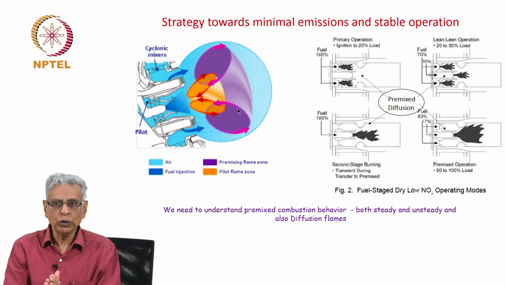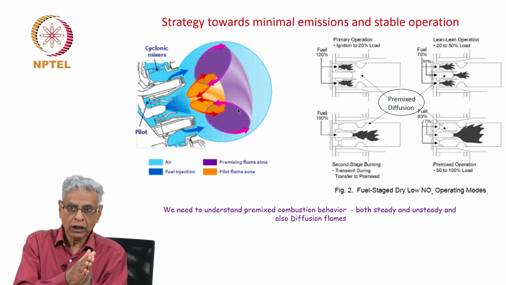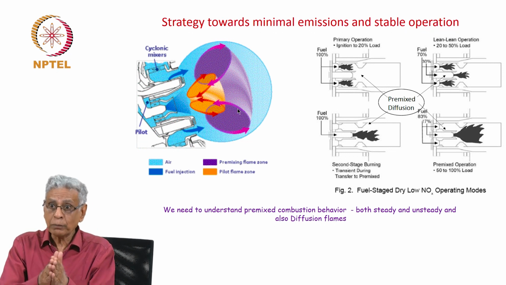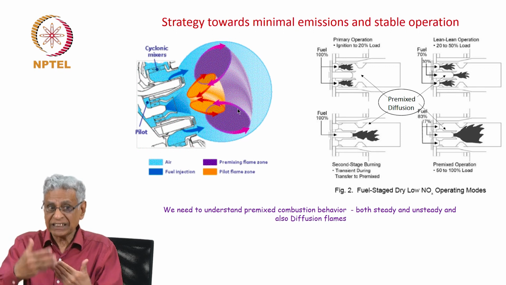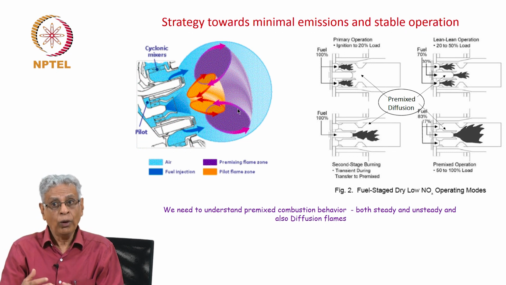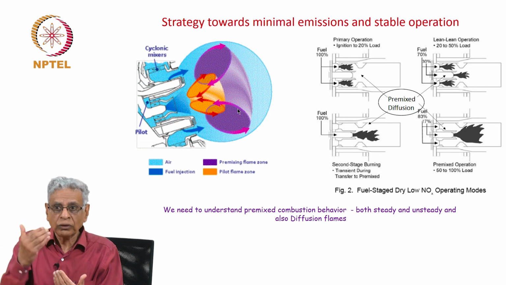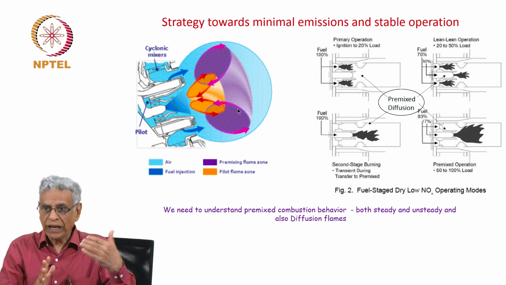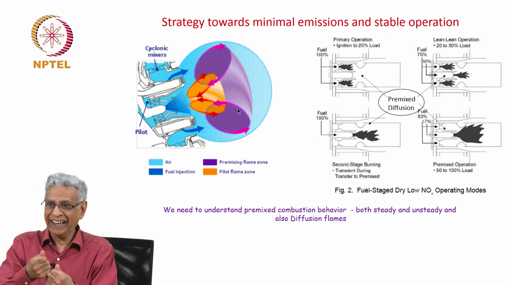The word rich quench is used in the following sense. You create first of all a diffusive mode of combustion, and when you do diffusive mode of combustion, as I mentioned to you a little earlier, the peak temperature will be high, because you can go to the mixture ratios which are such that you can get temperatures of 1700 degrees centigrade. So, what you do is you do not go to that extent, you reduce the temperature to 1300 or so degrees centigrade, then introduce air, reaction occurs and NOx gets generated.